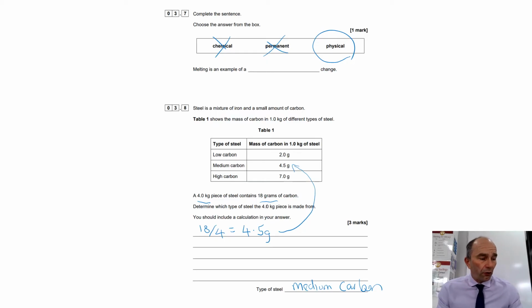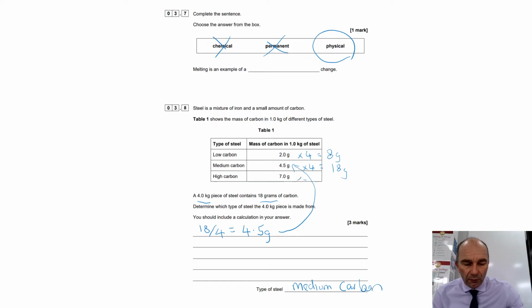Now the other approach to take could be to determine which type of steel. So we've got a 4 kilogram block. Well, if you had low carbon, you've got 2 grams per kilogram, multiply that by 4. That gives you 8 grams. Multiply 4.5 by the 4 kilograms, that gives us 18 grams.